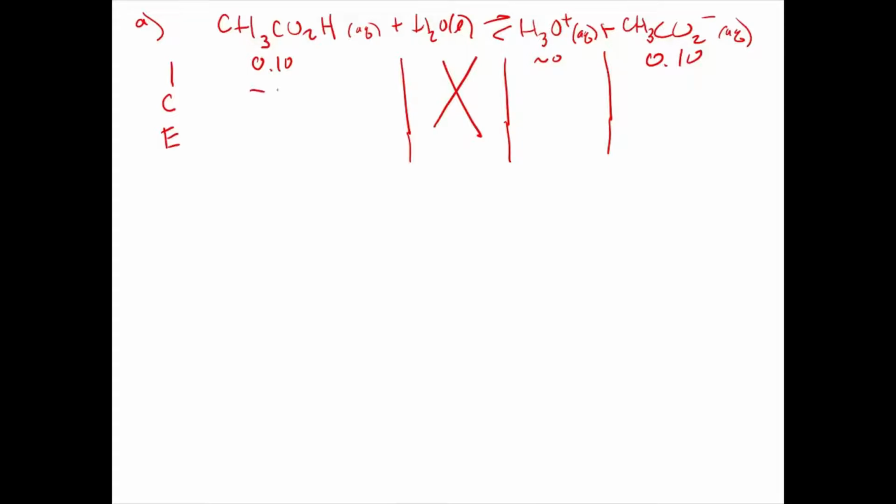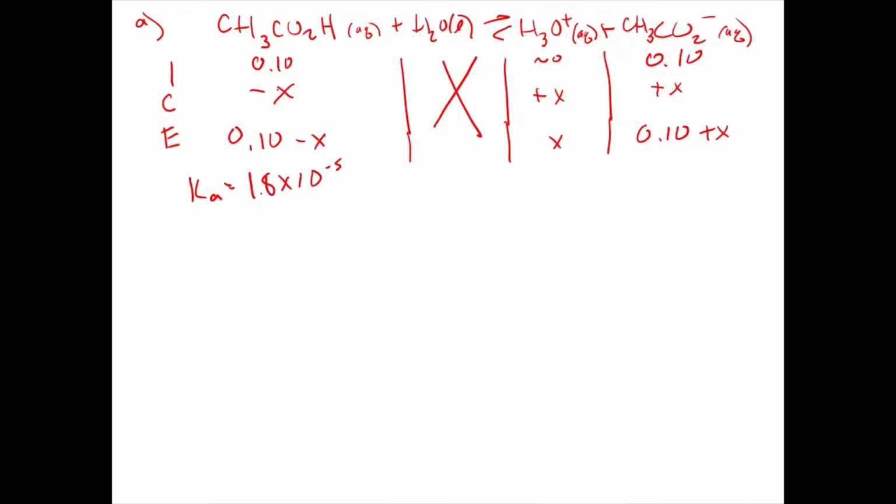So the acetic acid is losing X, hydronium is gaining X, and the acetate ion is also gaining X. So at equilibrium, we have 0.10 minus X, X, and 0.10 plus X. Now the Ka for this reaction, we go ahead and look up Appendix H. We want to find that for acetic acid. And it has a Ka of 1.8 times 10 to the negative fifth.